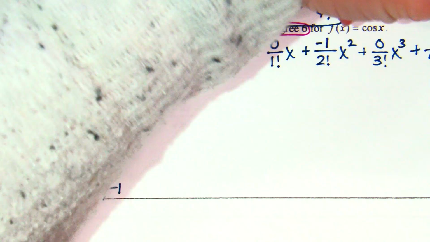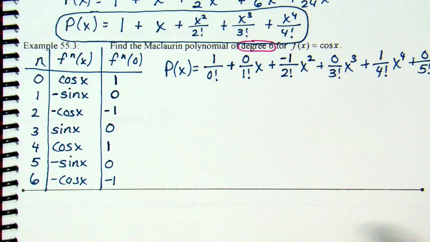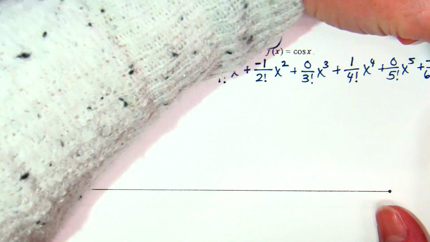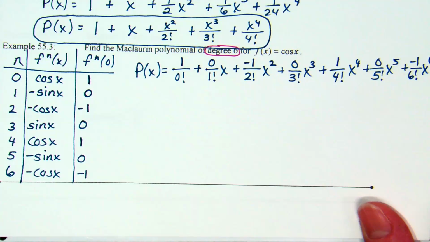The 5's, 0 over 5 factorial x to the fifth, and the 6's: negative 1 over 6 factorial x to the sixth. Now, I'm not saying you had to do the chart first, but I think it makes this part a little quicker. We would have had to figure it out eventually.